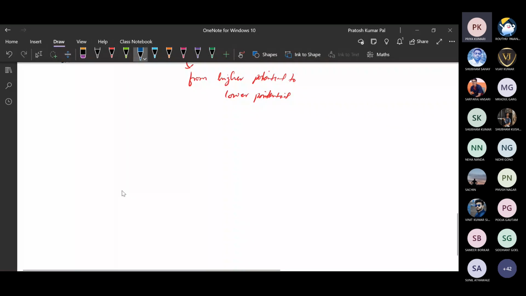What is a potential? Next we will see the potential energy.